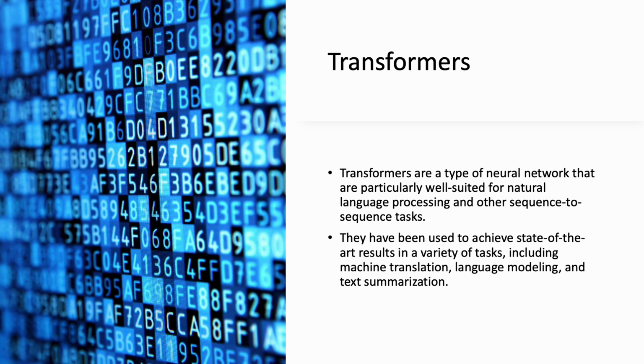Transformers have become a popular architecture in the field of natural language processing, or NLP, and have been widely used in automated translation systems. The key innovation of transformers is the use of self-attention mechanisms, which allow the model to weigh the importance of different words in a sentence when encoding and decoding the text.